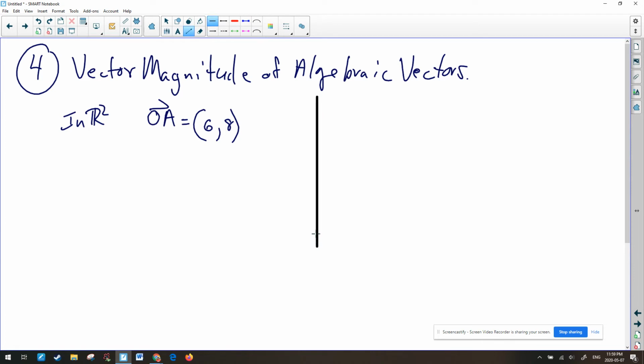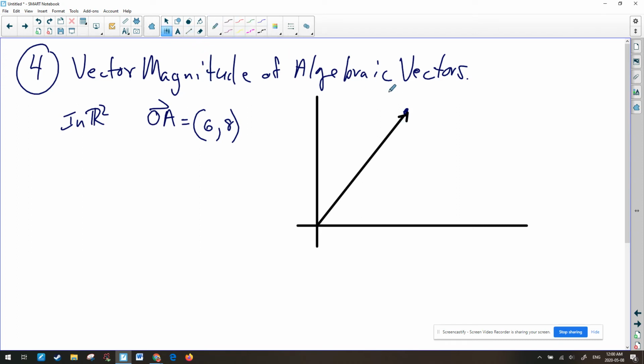So vector 6, 8. It's over 6, it's up 8. Here it is up here. There's my vector. Why does it not have a head on it? There it is. Okay, so there's my vector 6, 8. Maybe I'll label that point 6, 8. And so this is the vector OA.